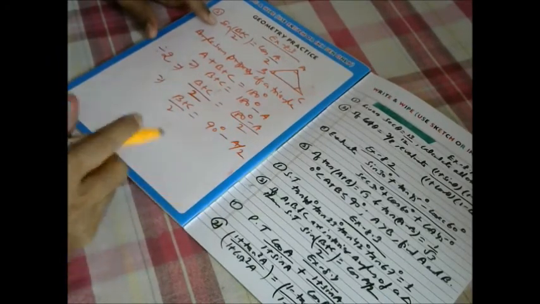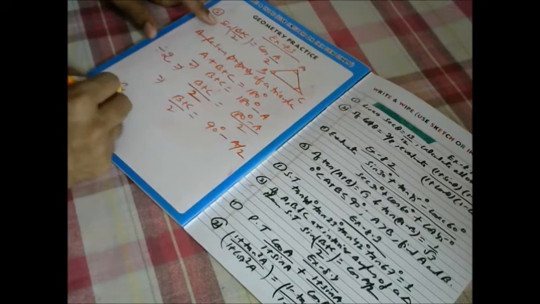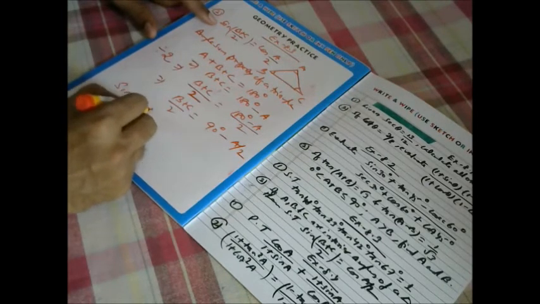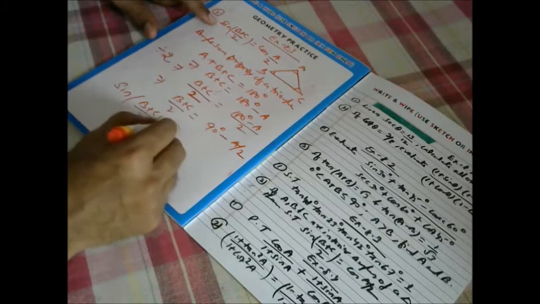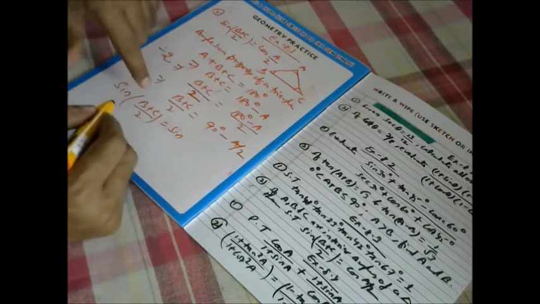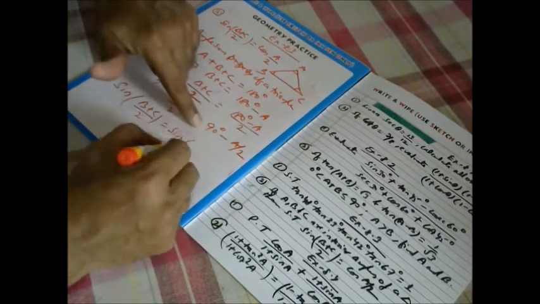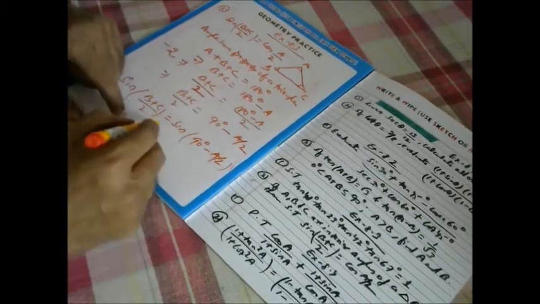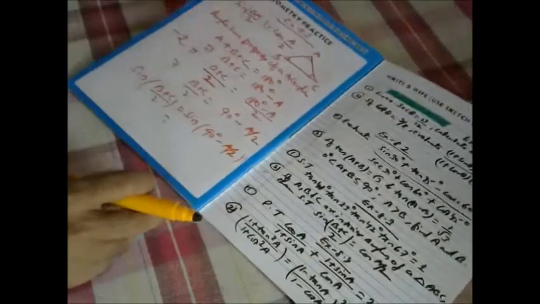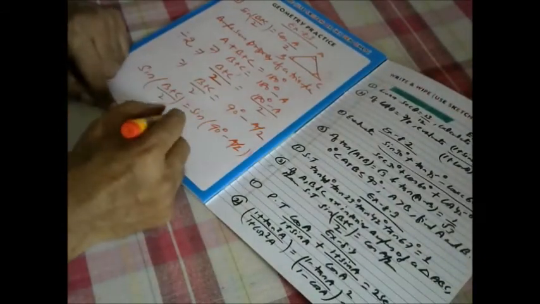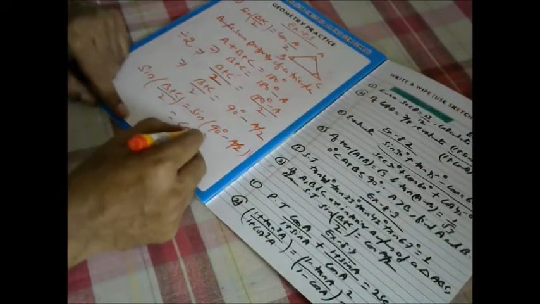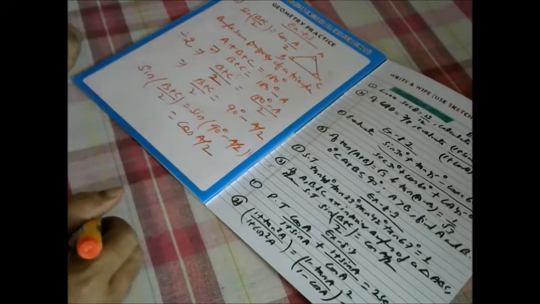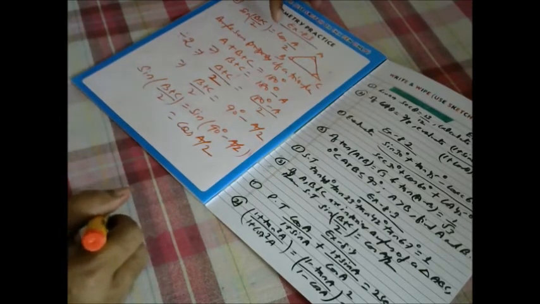If we are putting sine of B plus C by 2, it means what? B plus C by 2 is 90 degree minus A by 2. And sine of 90 degree minus A by 2, complementary angle, is cos A by 2, and that only we need to prove.